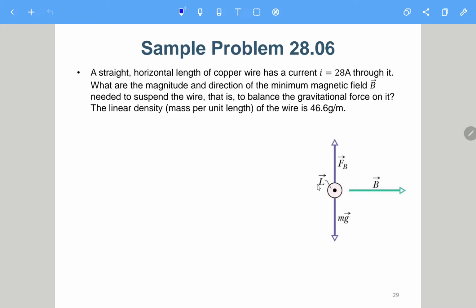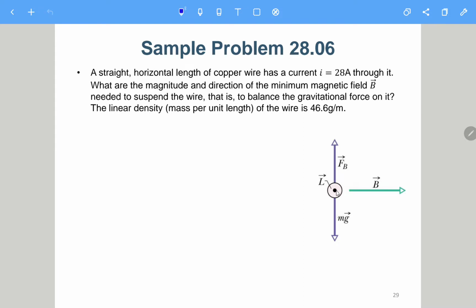And now we need to provide some magnetic field, as much as it has some current going through it. If the direction of the B field is correct, then the magnetic force cancels the gravitational force.